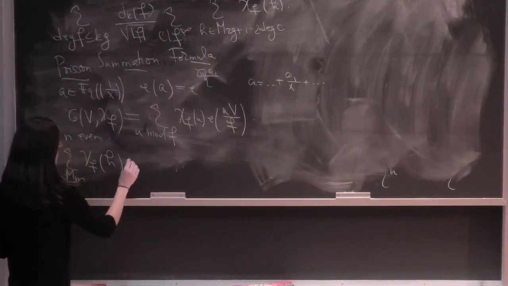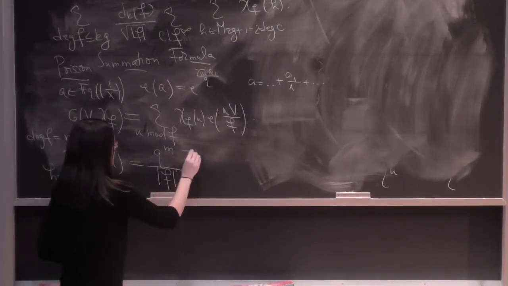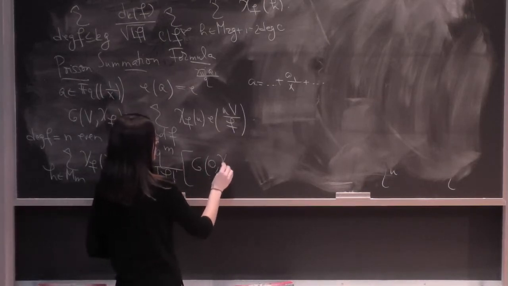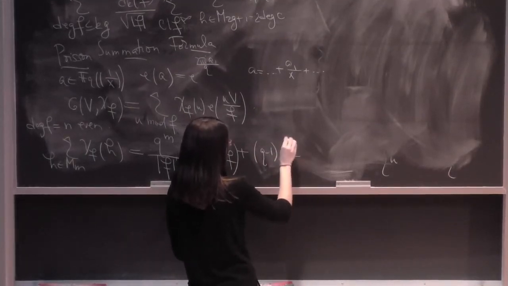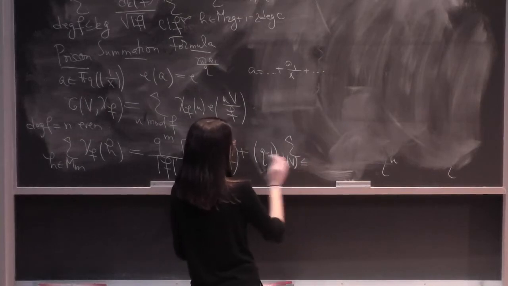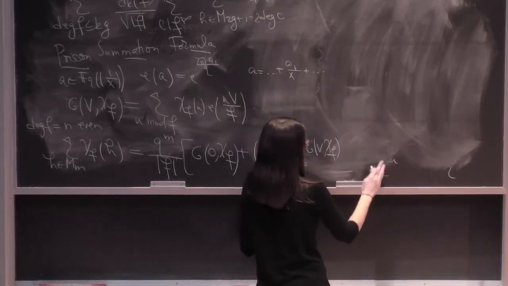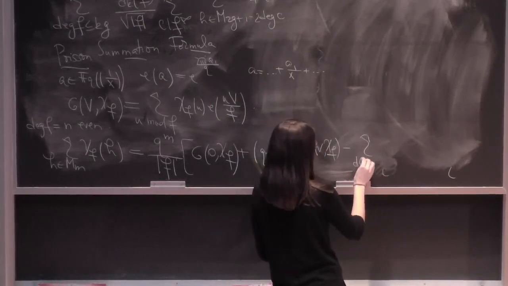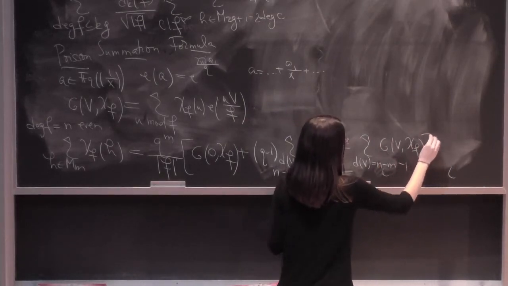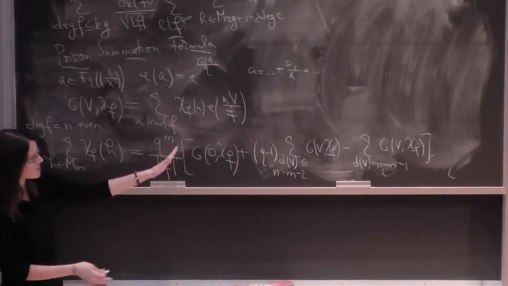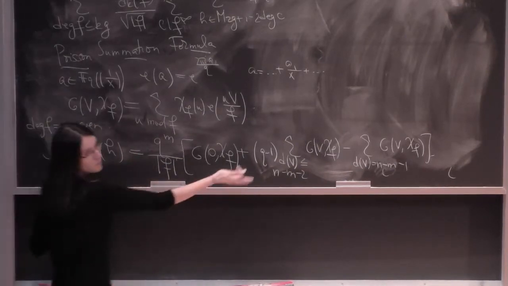And the Poisson summation formula says that this is equal to q to the m divided by the norm of f times a term corresponding to v = 0, so G(0, chi_f), plus q minus 1 times the sum over polynomials of degree less than or equal to n minus m minus 2, G(v, chi_f), minus a similar sum of length n minus m minus 1. So the precise form is not that important right now. What matters is that this sum has length roughly n minus m. So now if this is a long sum, the dual sum should be shorter.